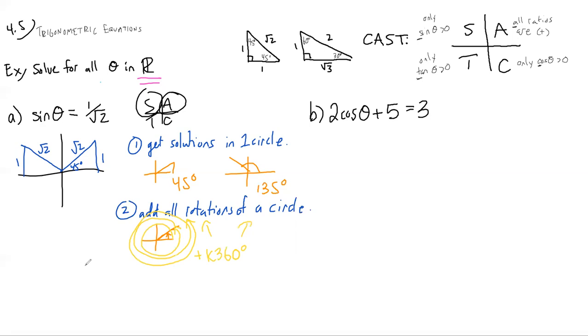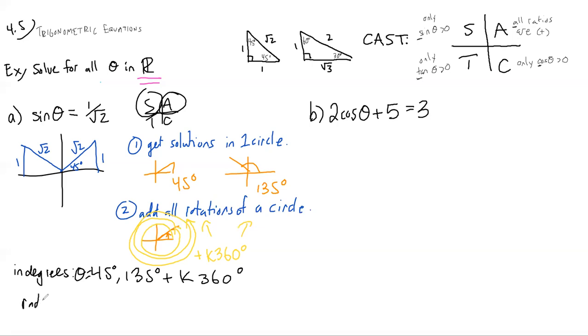So if we were writing our answer in degrees, we would have theta equals 45 or 135 degrees plus k times 360.